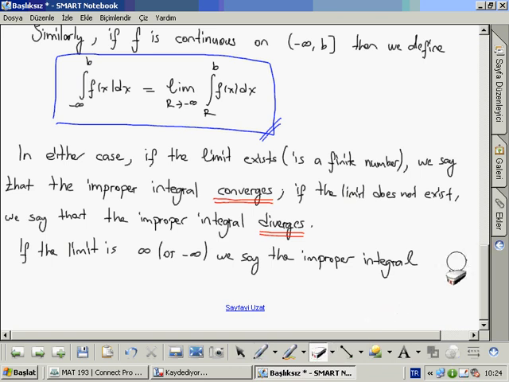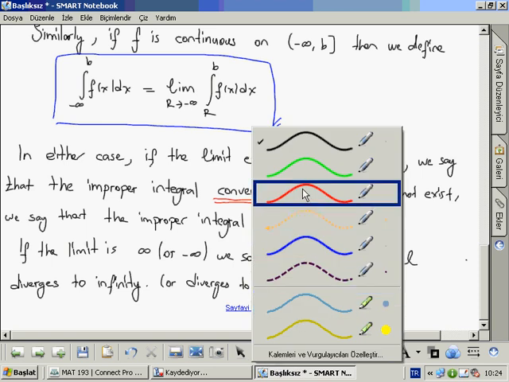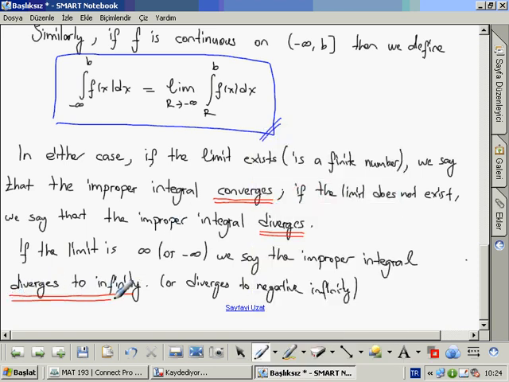Let me write it in the second line: diverges to infinity, or diverges to negative infinity.